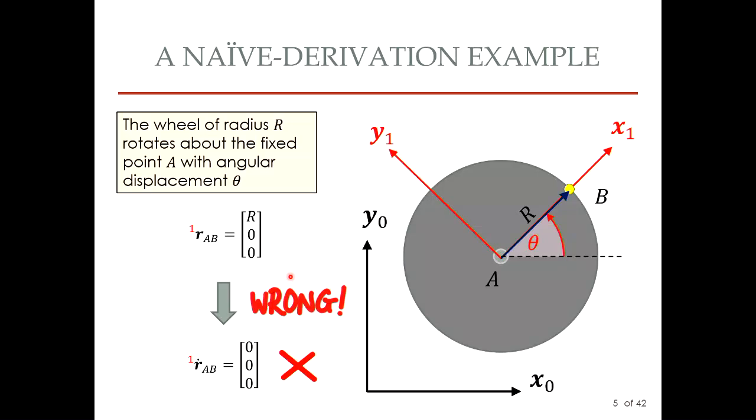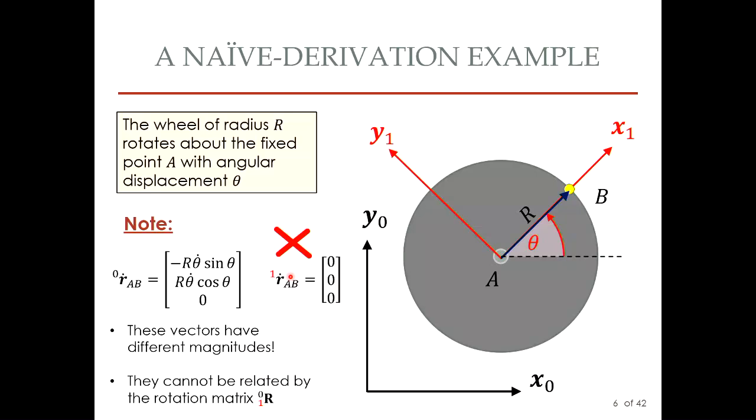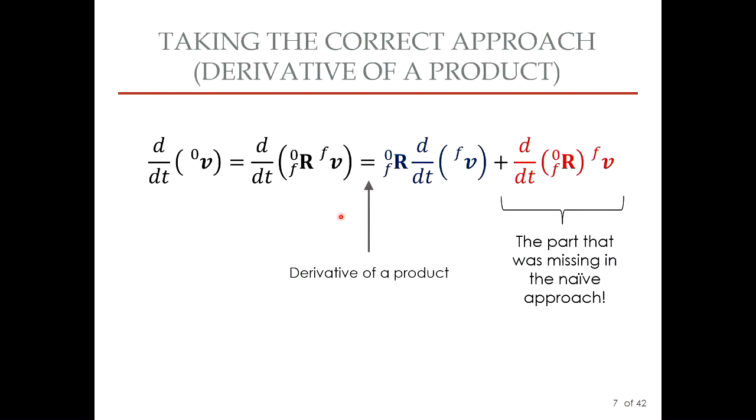Then we started looking at where the problem comes from, and looking at doing a derivative of some vector v. In that example, it was r from A to B. So any vector we want to take a derivative of in frame 0, if we do it component by component, it should equal this. According to derivative of a product, right?